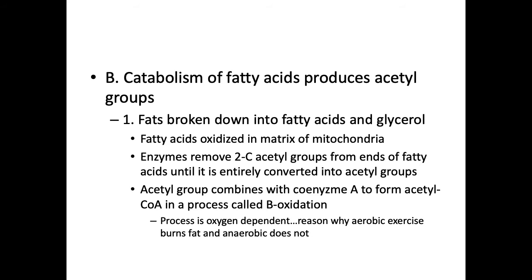AcetylCoA: it combines with a coenzyme during the link reaction to enter the Krebs cycle. So, yeah, cool. The acetyl group combines with coenzyme A to form AcetylCoA, and that's how fatty acids jump into the process of cellular respiration. Now this process is oxygen dependent, so this is the reason why aerobic exercise burns fat and anaerobic does not. Okay, so kind of cool.